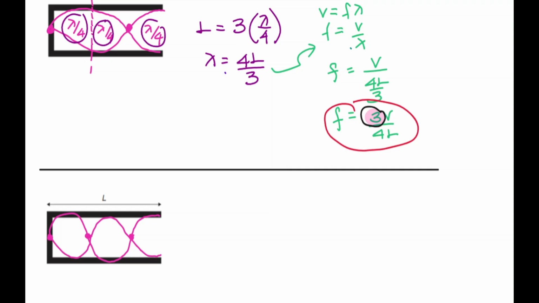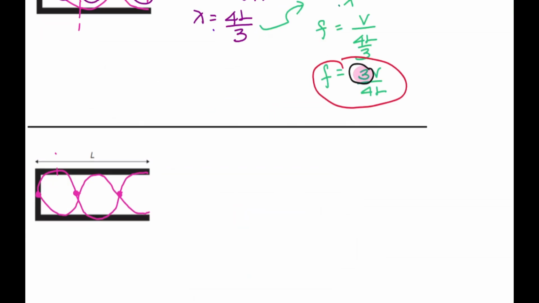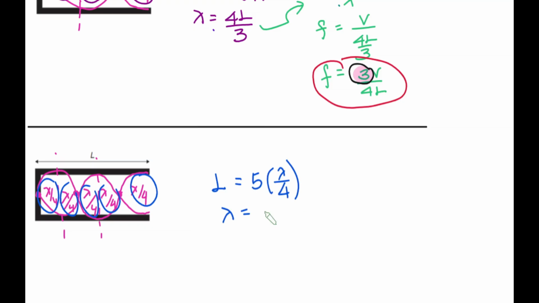Again, because our fundamental wave was lambda over 4, we set up an equation based on lambda over 4, so I'm going to divide each of these loops into halves. In total, we have 1, 2, 3, 4, and 5 lambda over 4 there. So now we can say that L is equal to 5 lambda over 4. If I make lambda the subject, we have 4L over 5.